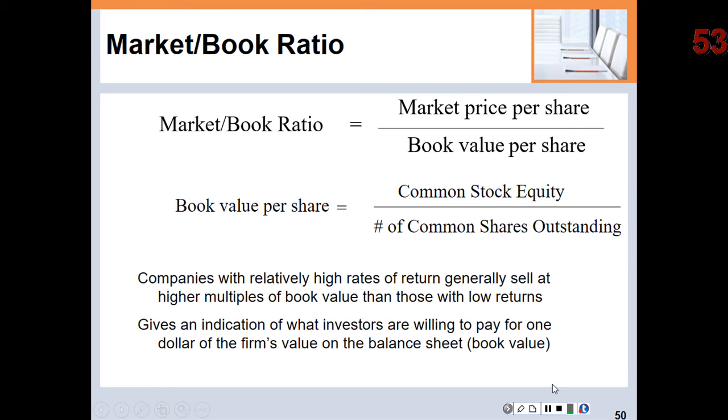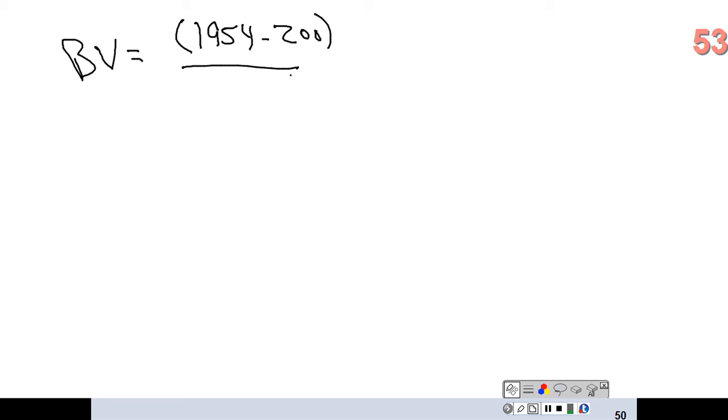Okay, so for this stock, the book value per share is equal to the common stock equity, which we said earlier was the 1954, minus the preferred stock equity, divided by the number of shares outstanding, which we said was 76,262.